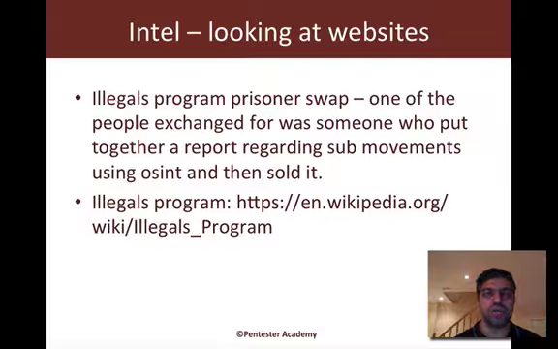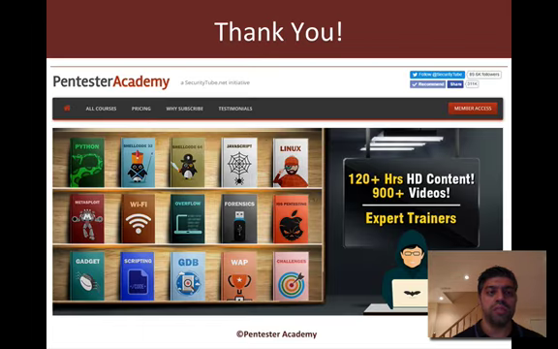He was a guy working for a think tank, and he may have been in the military previously. What he was doing was gathering information from publicly available and open sources and detecting Russian sub movements. Then he sold this to the American government and other sites. This got him into a lot of trouble. He actually went to prison for a little while for this.